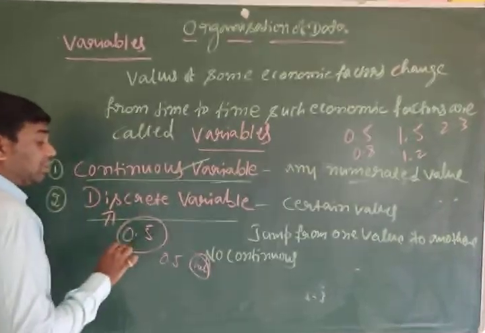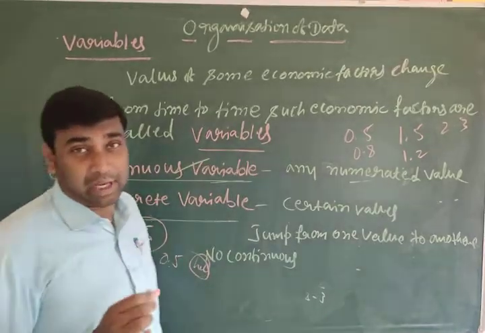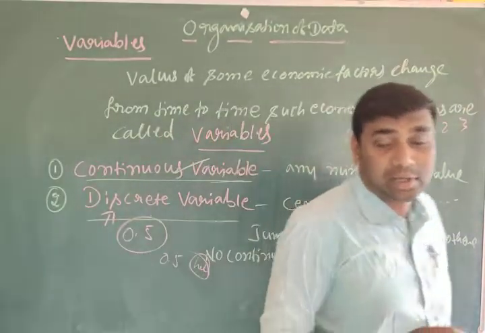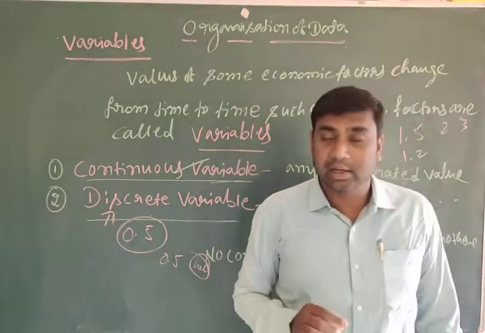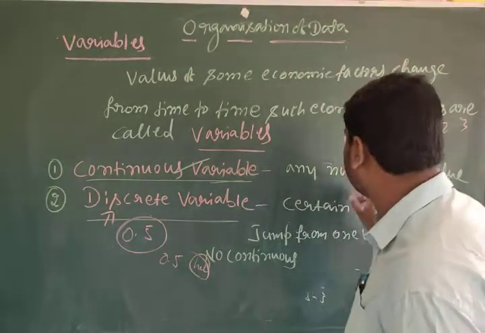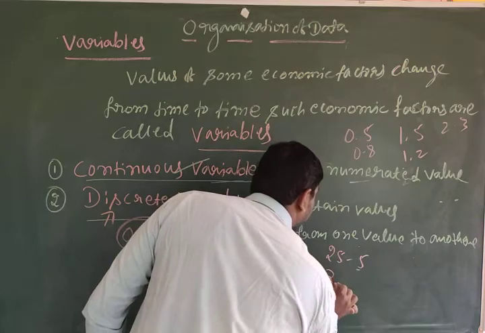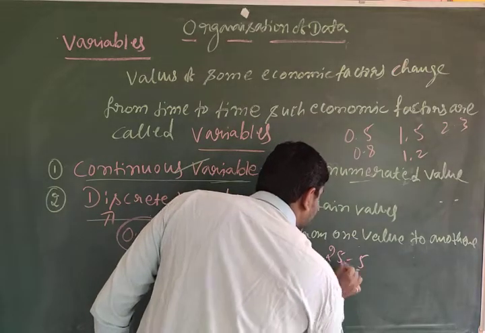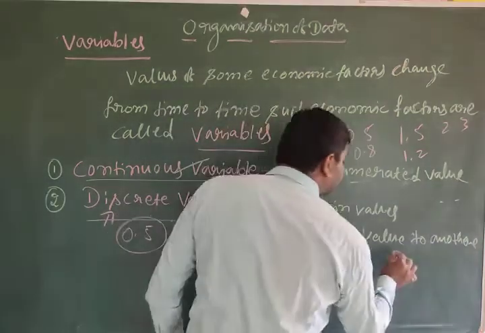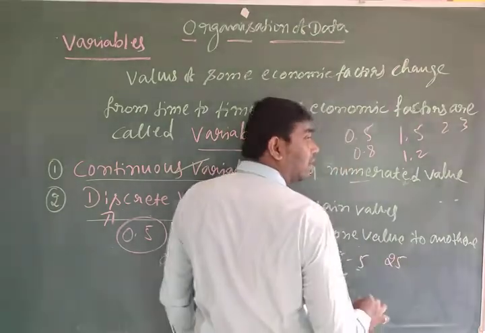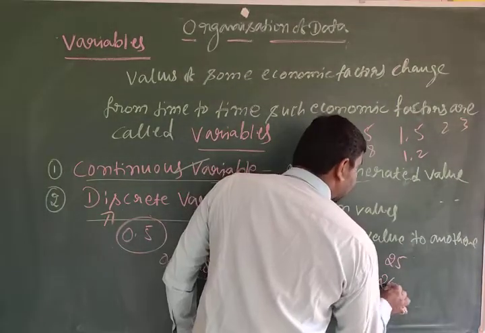It can jump from one value to another value, directly, say, 100. It will not take values like 25.5 or 26.6. It will take directly 25, otherwise directly 26.